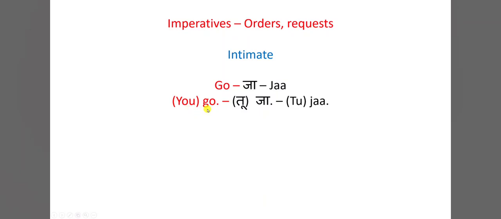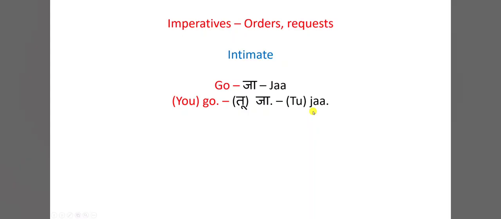Correct? So if you want to tell someone go, then you just have to say ja. Ja. Okay? This is the intimate version, meaning you can use it only to give orders or to make requests with someone who is very close to you.